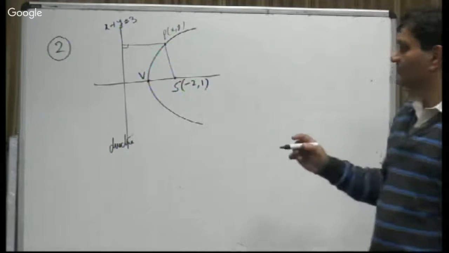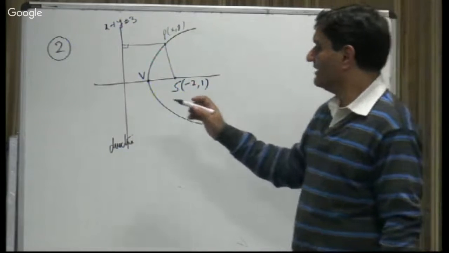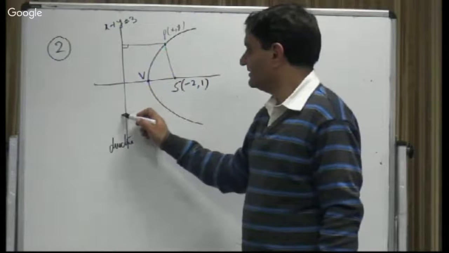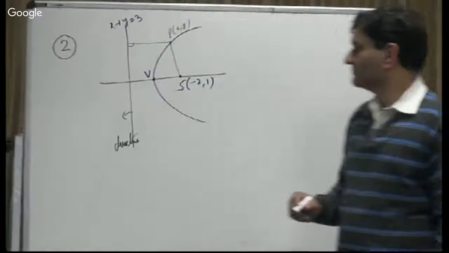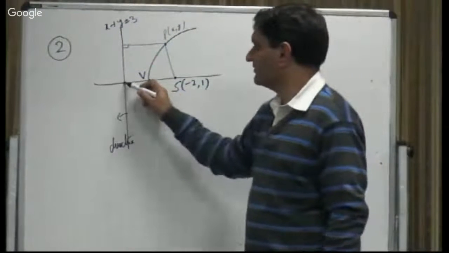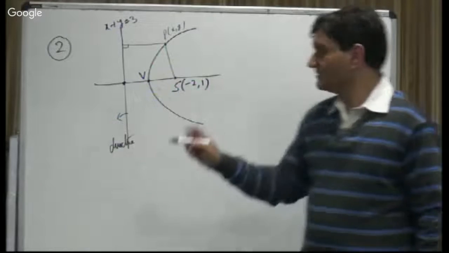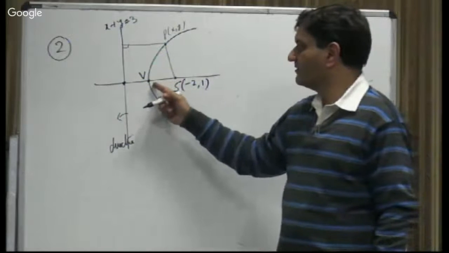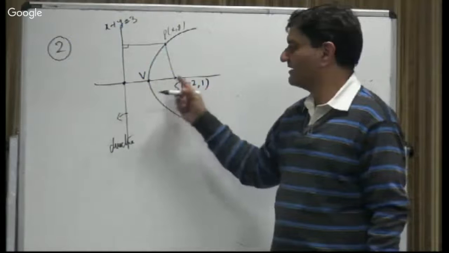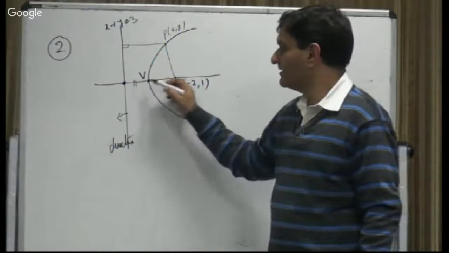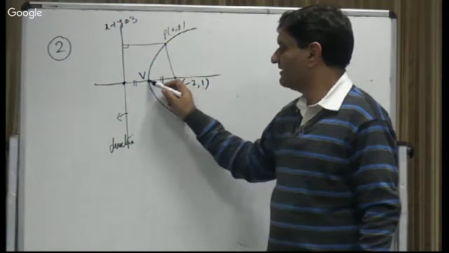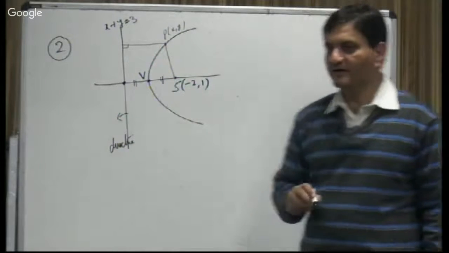What you can do is find the coordinates of this point. And then, since the vertex is a point on the parabola, it will be equidistant from the directrix and the focus. Using this property that these two are equal, we can find the midpoint and that will be the vertex.